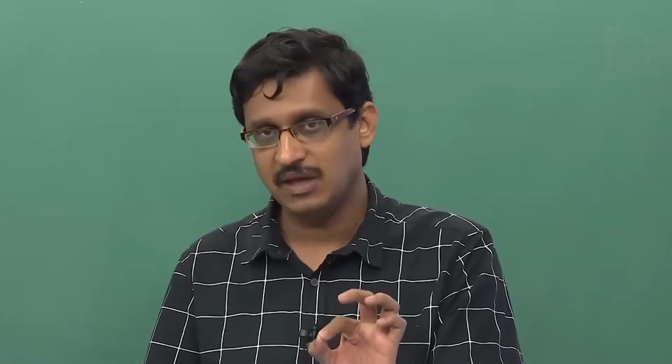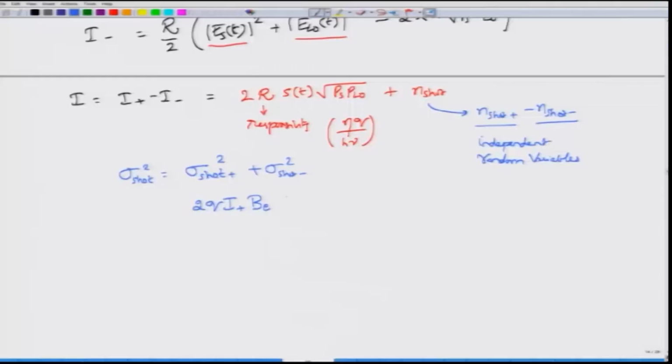Similarly, shot noise minus will also be equal to 2q I minus, I minus being the photocurrent that you are going to see in the other branch of the coherent receiver. So you can write that one down, you get 2q I minus BE. You can factorize all these components out and you get I plus plus I minus.